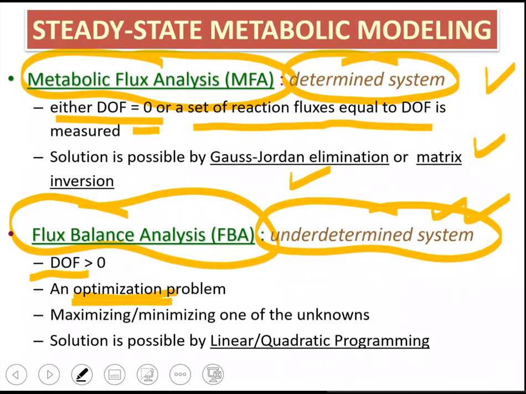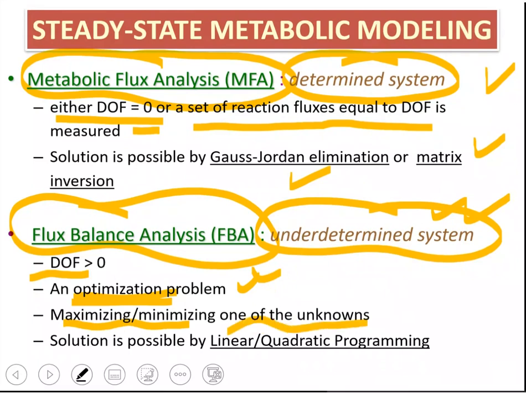Here, in the optimization problem, we maximize or minimize the values of one of the unknowns to choose one solution among many possible solutions. And the solution is usually possible by using linear programming or quadratic programming.